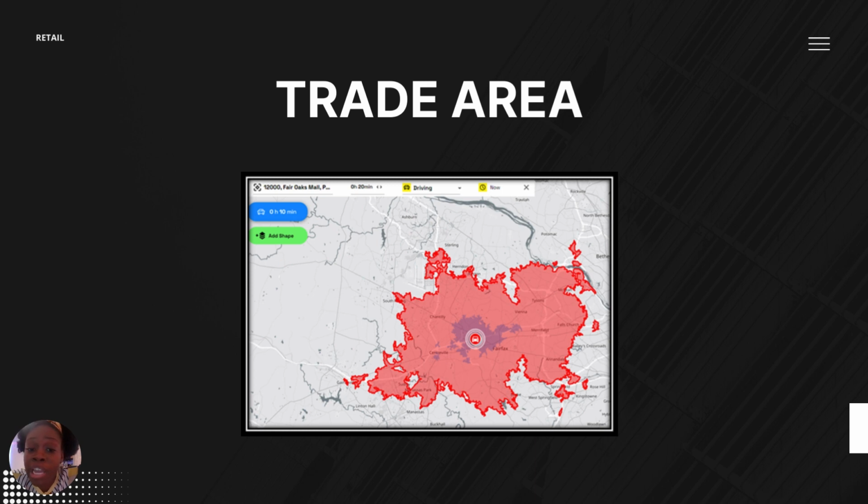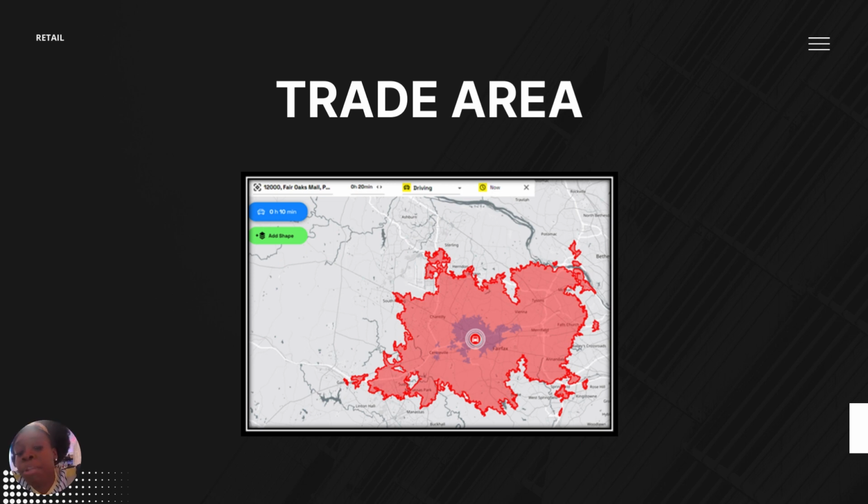So for the trade areas here, I use the same software to mark out the trade areas. However, the only thing on this is that it doesn't account for the competitors in this area, which I would have loved to do if I could understand how to use the Argus system.